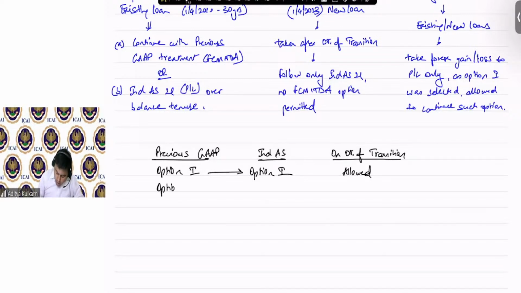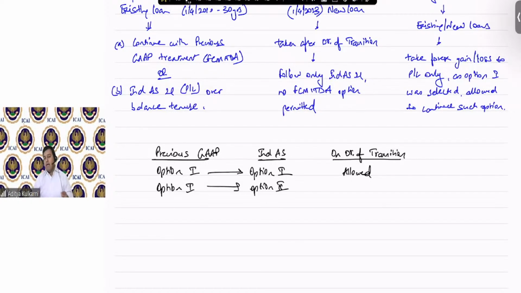Okay. I had availed option one earlier, but now I am saying, no sir, we want to go to option two. That means I was under option one, taking the forex gains or losses to the P&L in the AS regime, and now I want to take my forex gains or losses to FCMITDA in the Ind AS regime.